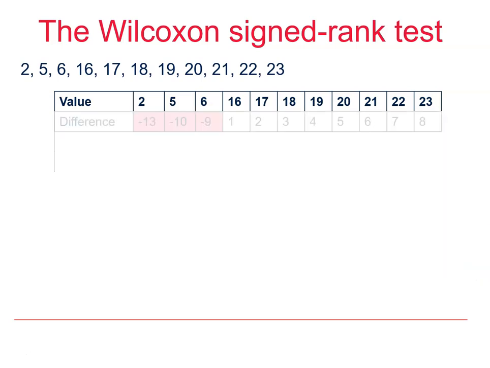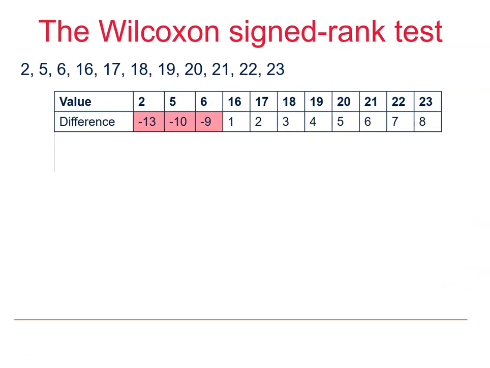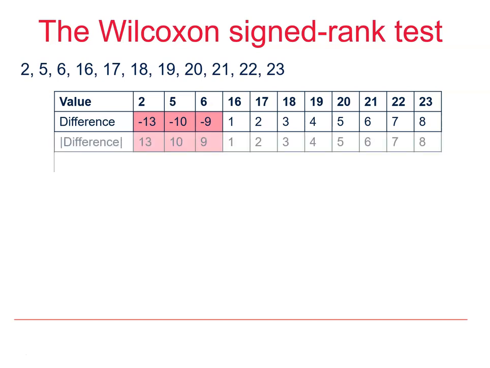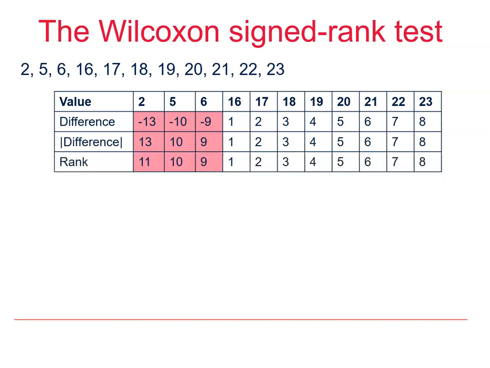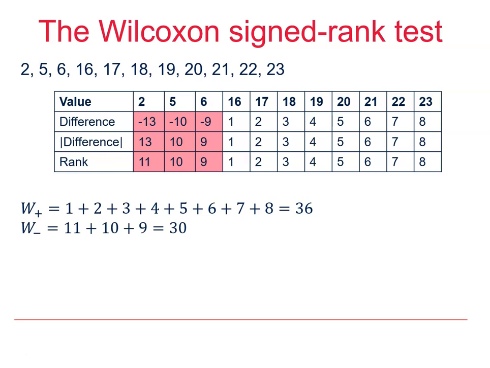So, first we find the differences from the median of the null hypothesis, which is 15, and highlight all the negative ones. Then we make them all positive. Next we rank them. And now we add up all the ranks above the median to get W+, and the ranks below the median to get W-.